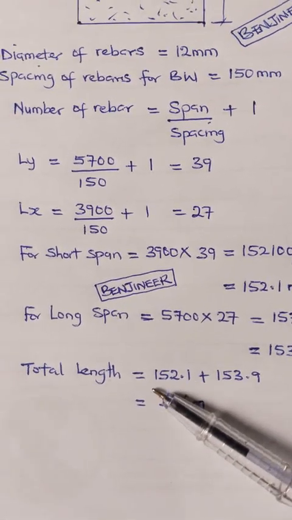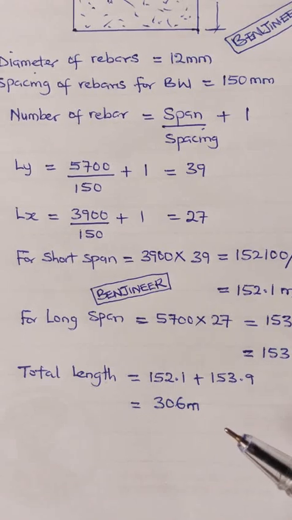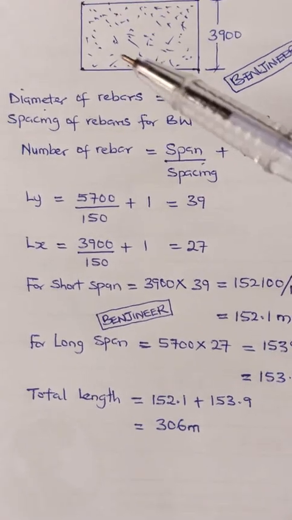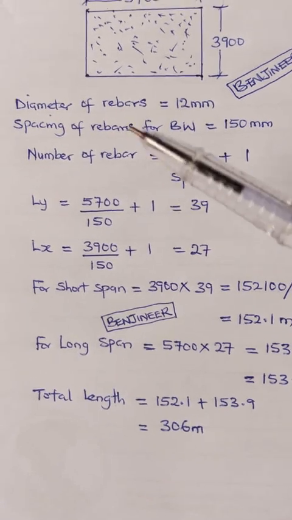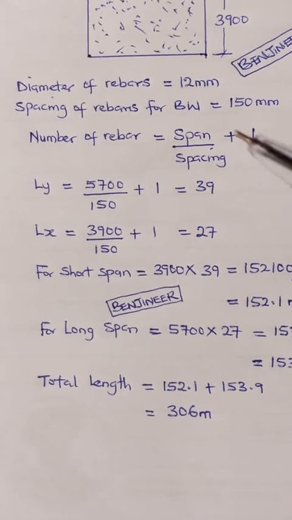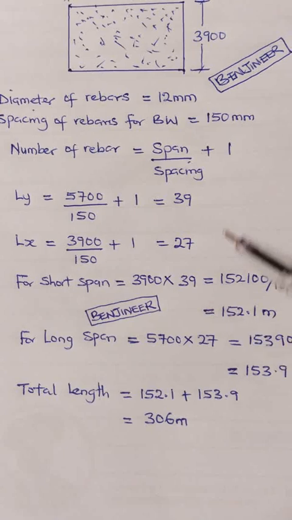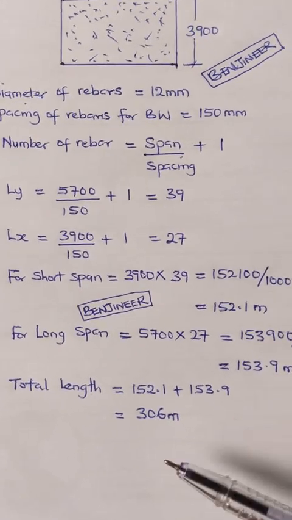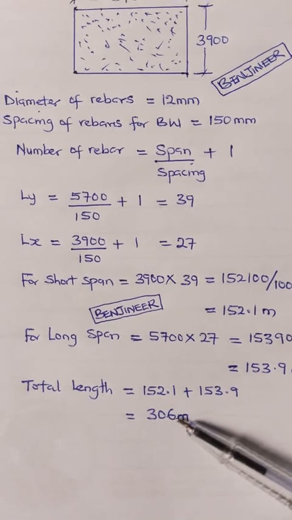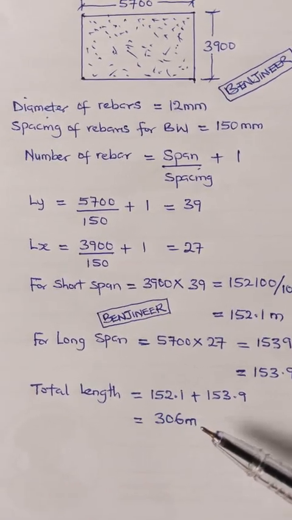This is the overall length of reinforcement, both in the long span and in the short span, based on this 150 millimeter spacing. So this is the total length that we are expected to have for the reinforcement.